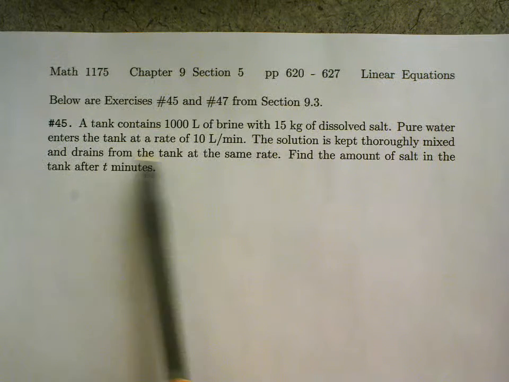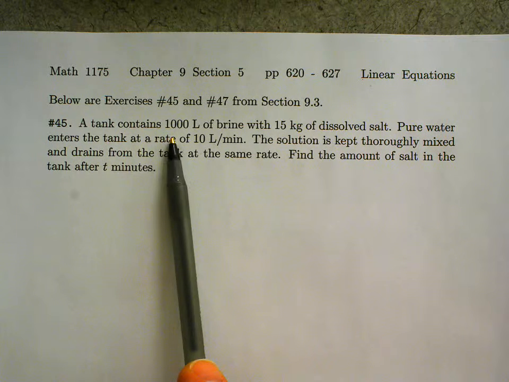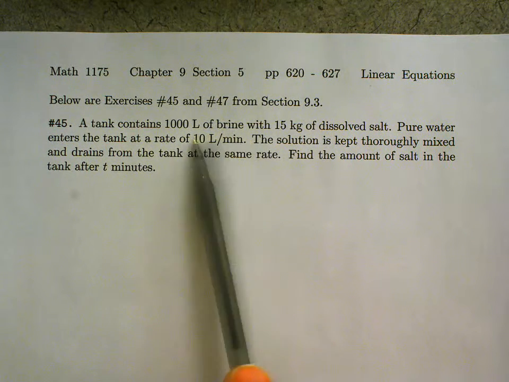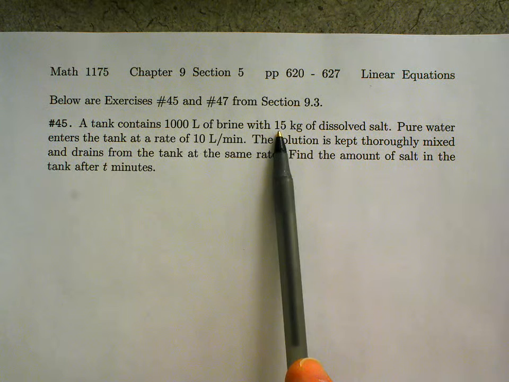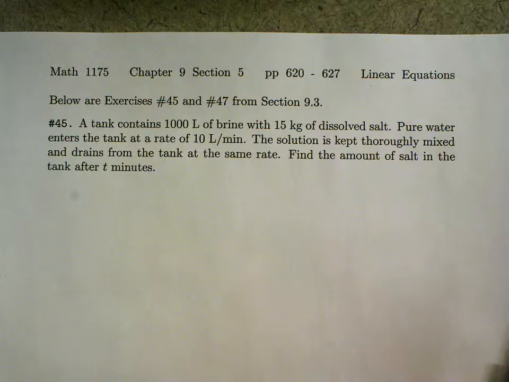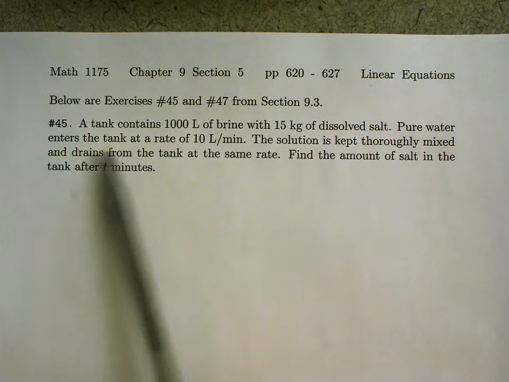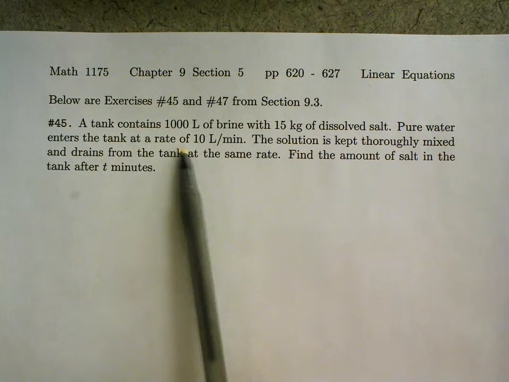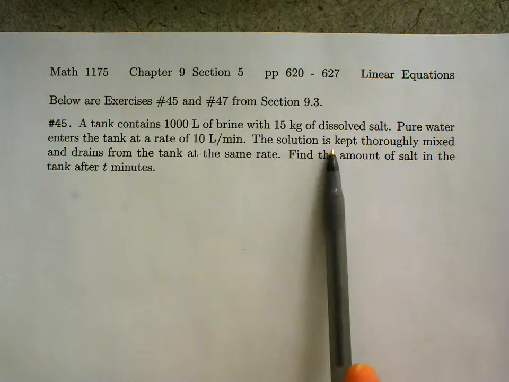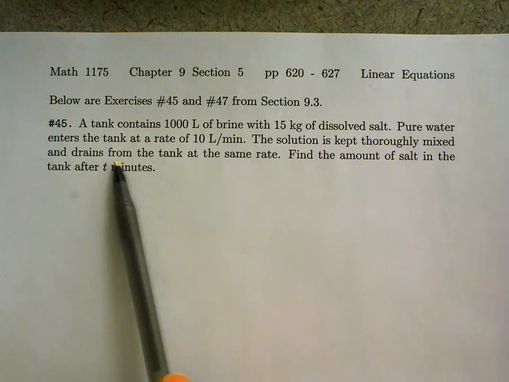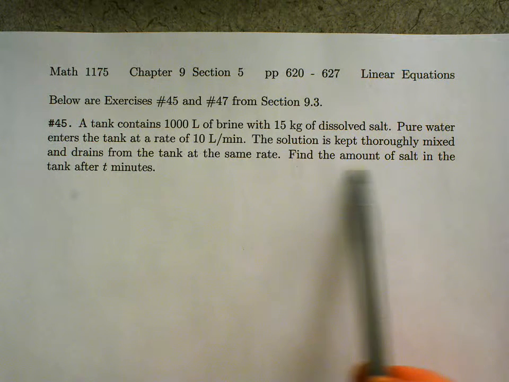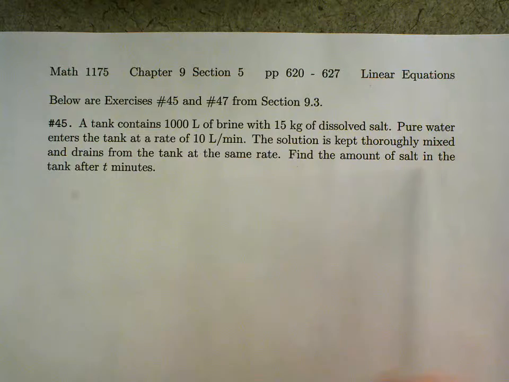It says a tank contains 1,000 liters of brine with 15 kilograms of dissolved salt. Pure water enters the tank at a rate of 10 liters per minute, and the solution is kept thoroughly mixed and drains from the tank at the same rate. Find the amount of salt in the tank after t minutes.